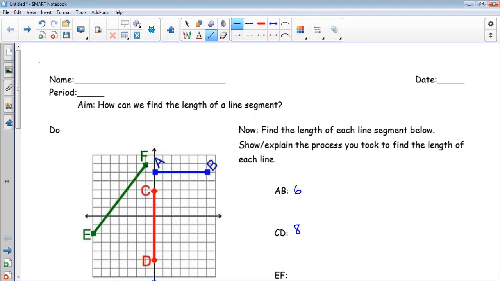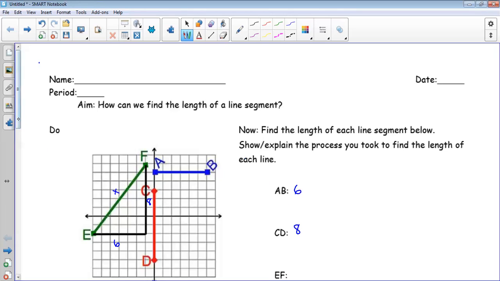But what you can do is count the horizontal and the vertical. 1, 2, 3, 4, 5, 6, that's 6. 1, 2, 3, 4, 5, 6, 7, 8, that's 8. And then you could do the Pythagorean theorem.